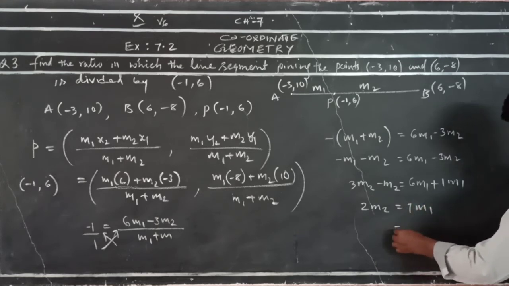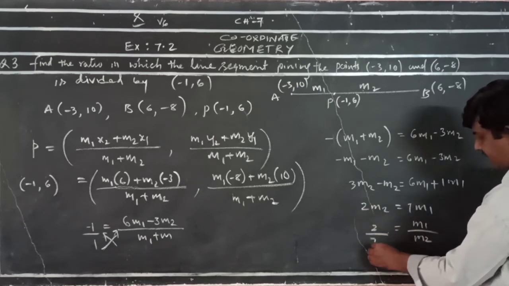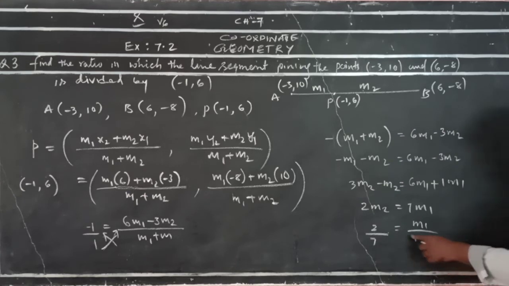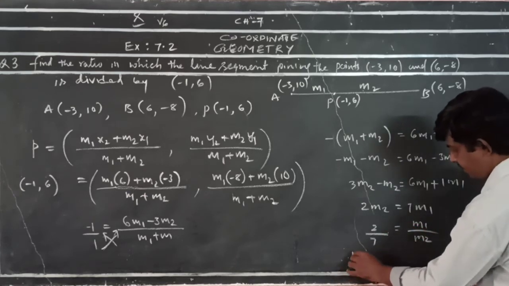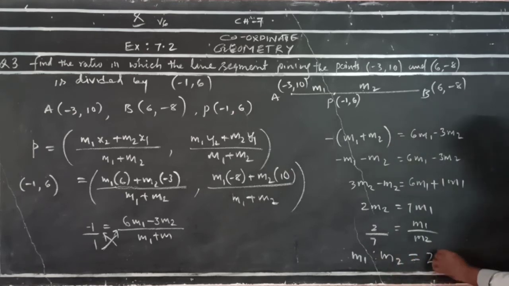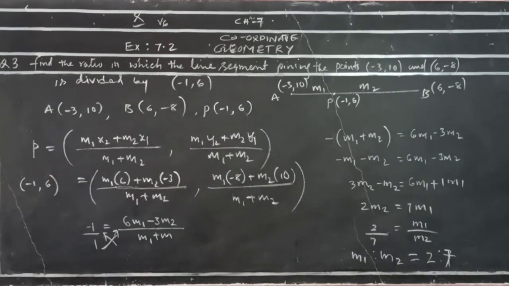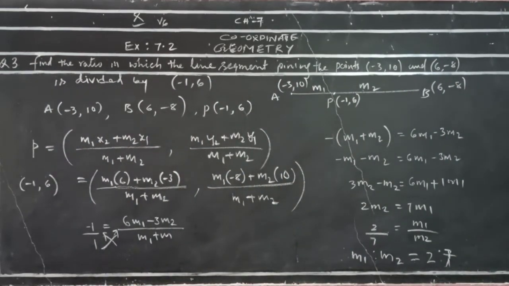Now you can make the ratio of m1 and m2, so you get 2 by 7. Therefore m1 is to m2 is nothing but 2 is to 7. So like that we can find the ratio also if the point is given.